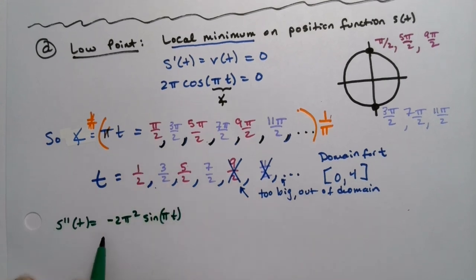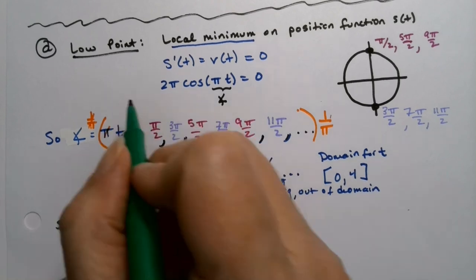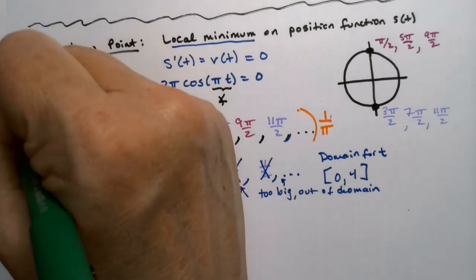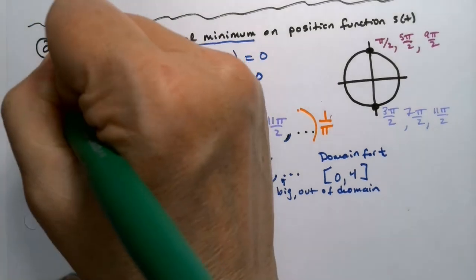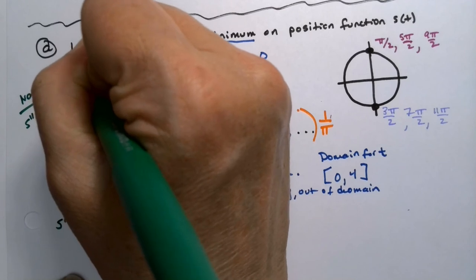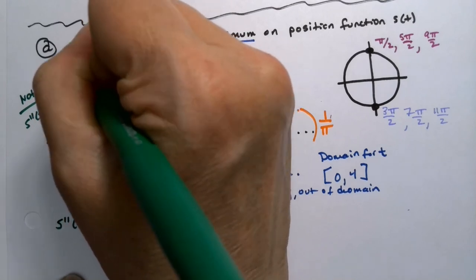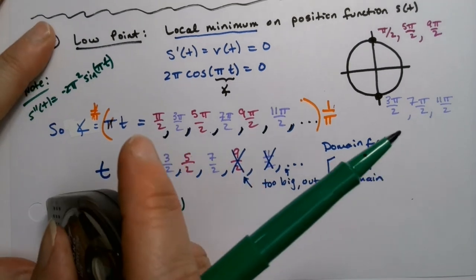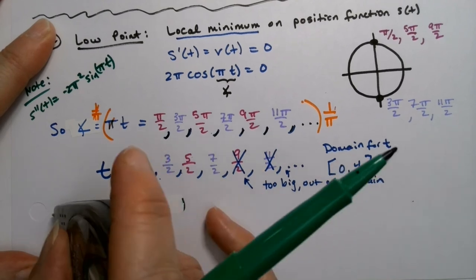And so I need to know if, actually, let me put that up here. I'm just going to say note. S double prime of t is equal to negative 2 pi squared sine of pi t. Why am I doing this? Well, I need to know which ones of these are positive and which ones are negative for the second derivative test, right? So I'm using the second derivative test.